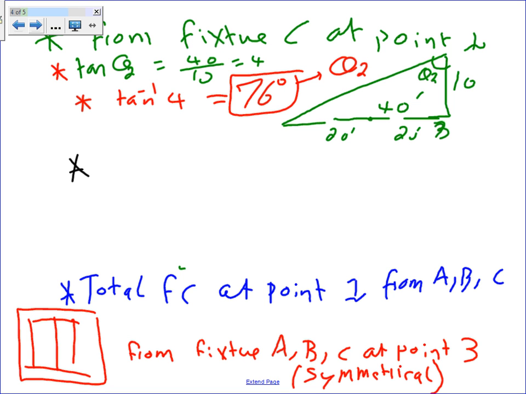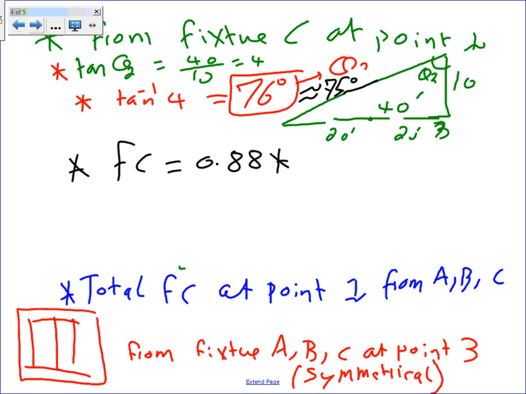Now from here, foot candle equals 0.88 times. Now 76, Aladipo, what's the closest to 76? I'm going to say closest to this one is 75 degrees. These are just degrees. Okay.